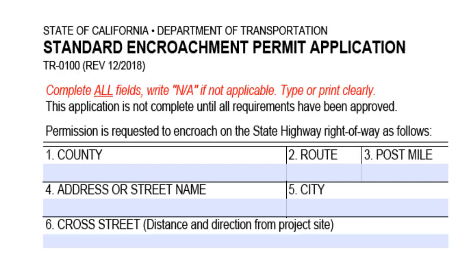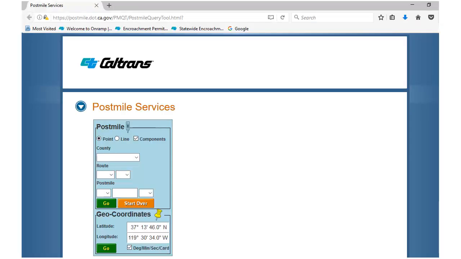You can answer questions 1, 2, and 3 by using the post mile query tool at the link https://postmile.dot.co.uk/postmile query tool.html, or by contacting your local district encroachment permits office. If your project has multiple locations, you will need to include additional pages to describe all your locations.